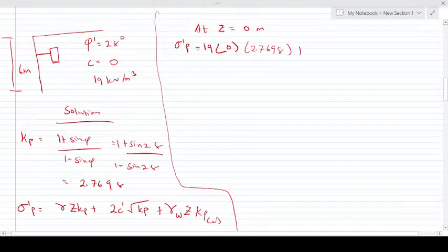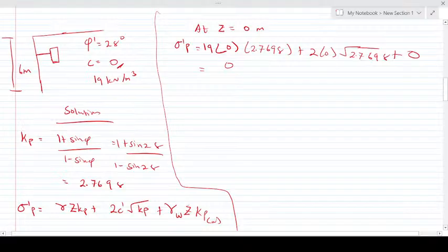2.7698 plus 2, right? What's c? So this is 0. So 0 root of 2.7698 plus, you realize that there is no column of water above it, so plus 0. Then computing this, we have 0, right?